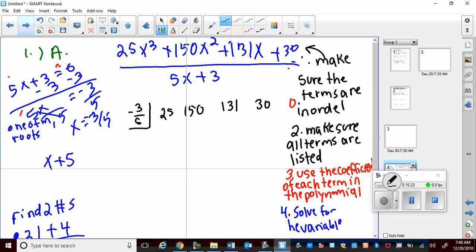I get 25 comes down. 25 times negative 3 over 5, then I get negative 15. 150 minus negative 15 is 135. Okay. So I can't do the math in my head.